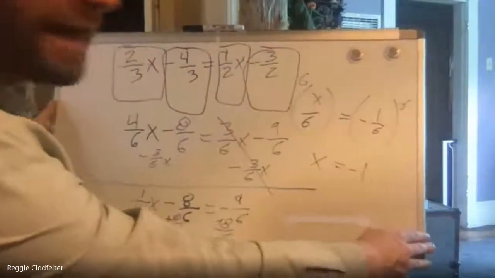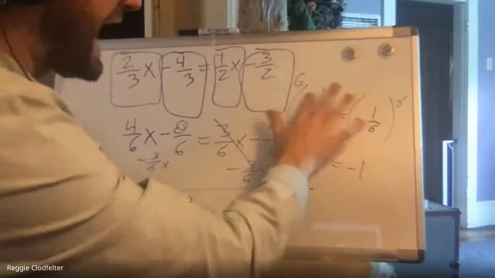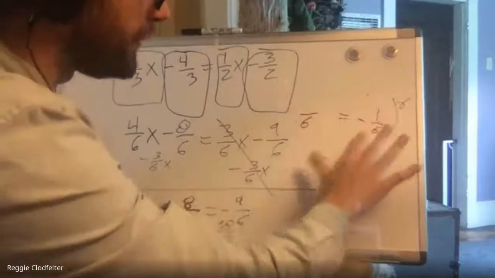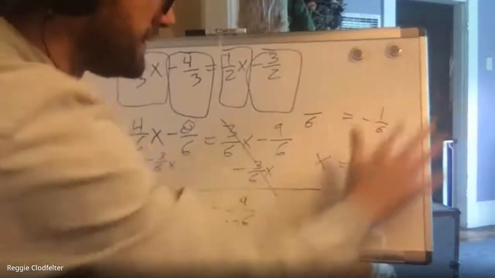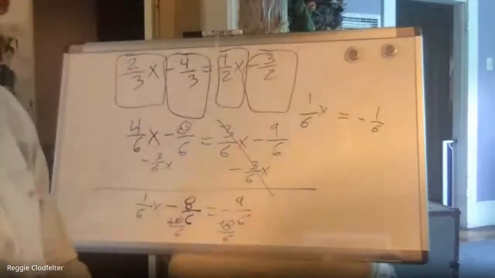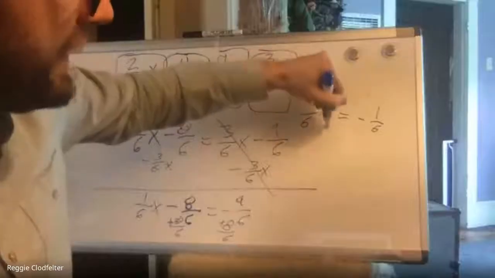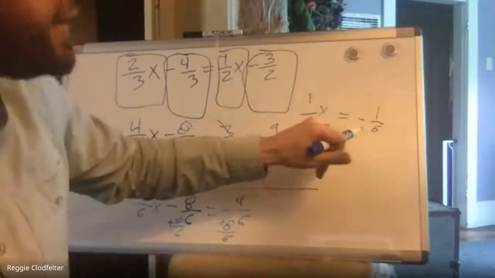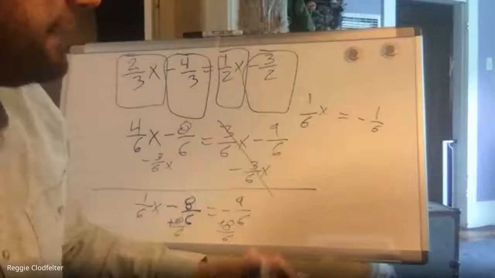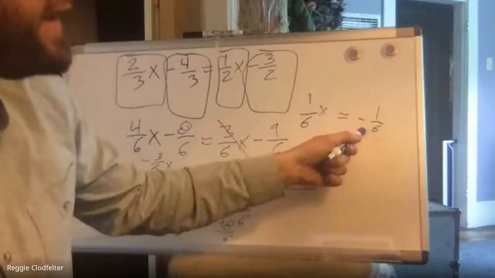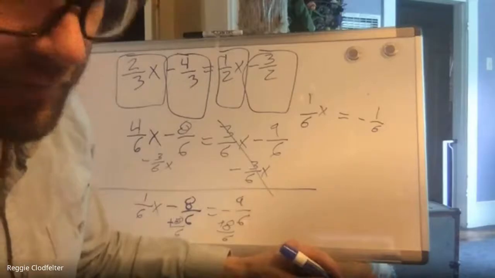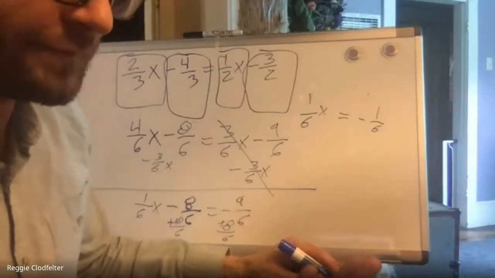Aiden, remember I had 1/6 times x equals negative 1/6? Right, Aiden? Yeah. So I could divide both sides by 1/6 right now, since it's 1/6 times x. So you would get negative 1/6 divided by 1/6, which gives you negative 1, right?